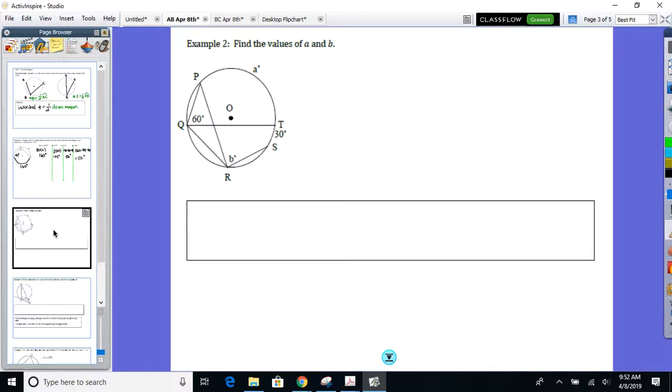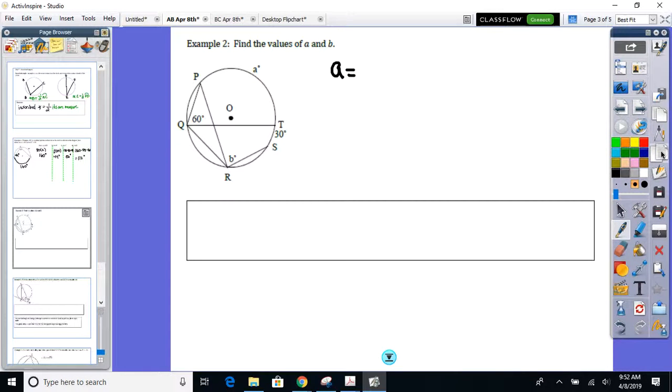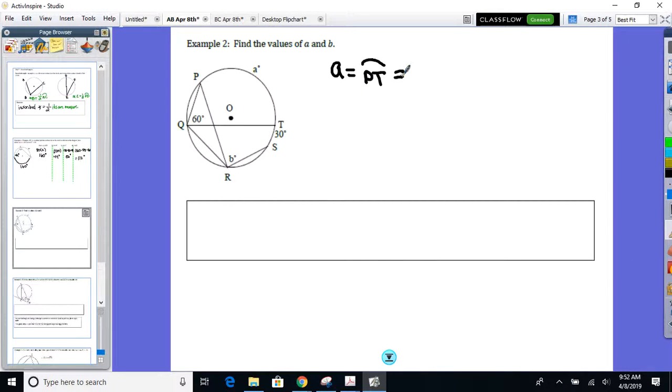We're going to have some more facts here. Arc A. Just so you know, arc A is the same as arc PT. Do you see an angle that is drawn to arc PT?